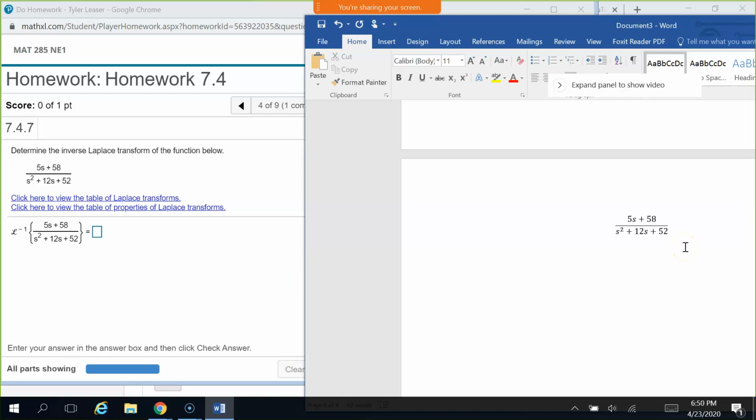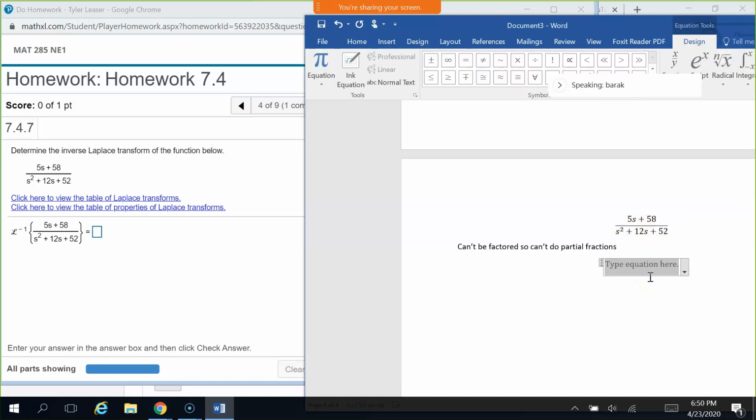Nothing, right? 4 and 13, yeah, but it still doesn't add to 12. No. So that's kind of it, right? Okay, so this cannot be factored, and because it cannot be factored, we can't do partial fractions. Yep. So then our only other step would have to be completing the square.